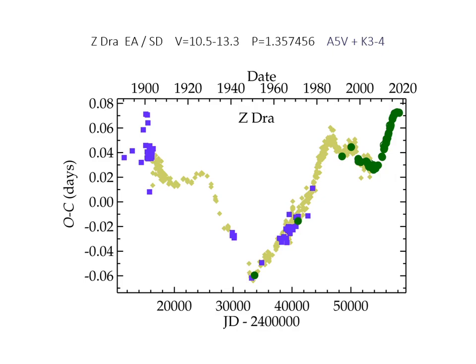So the period should be generally increasing. Now here we have an O-C diagram for Z Dra, and the general shape of the O-C diagram suggests that the period is more increasing than not. But there is an enormous amount of detail and activity in this, and there are these very sharp changes in period.